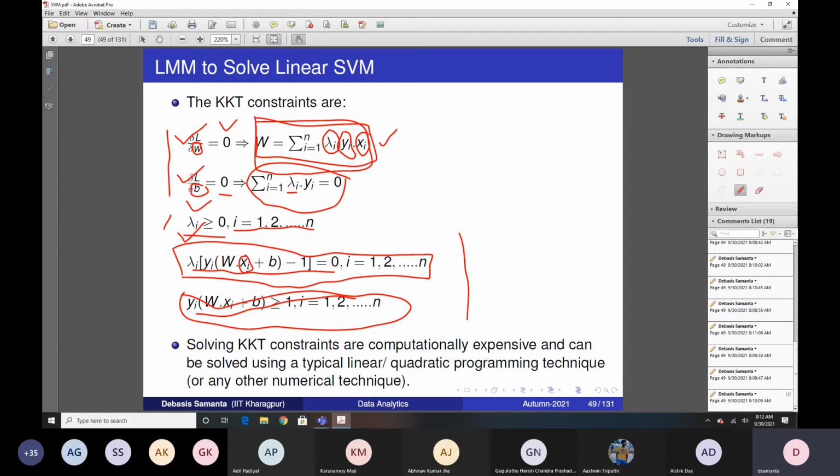So lambda_i greater than 0 implies that the corresponding ith training data is a support vector. On the other hand, if lambda_i equals 0, it is ignorable. Ignorable means it is somewhere in a particular region, but not on the boundary.